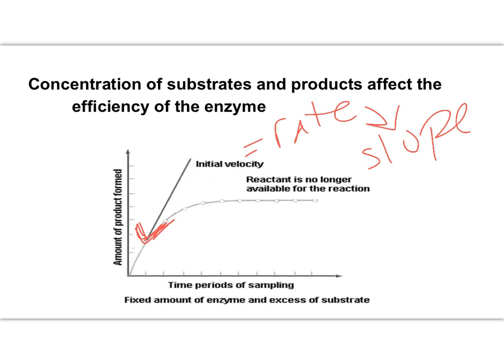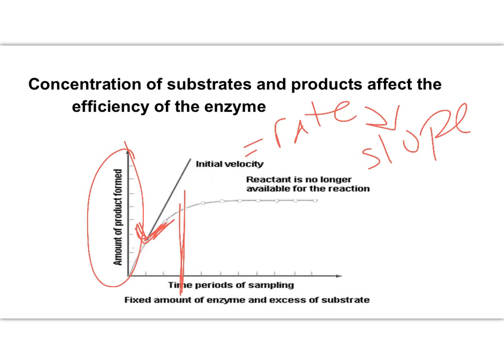The amount of product that's being formed is shooting up pretty fast over a relatively short period of time. And so that's because of my substrate concentration here, I've got plenty of substrate. Time has just started. I've got plenty of substrate to turn into product. So my enzymes are just going.